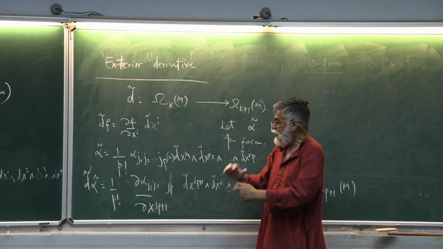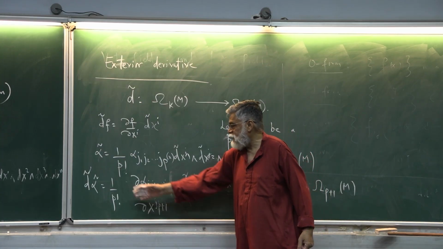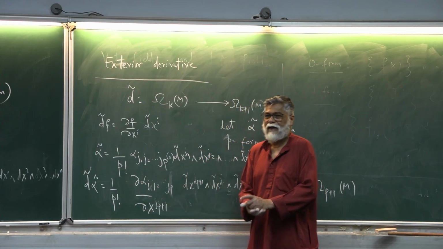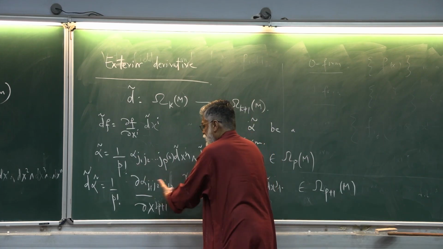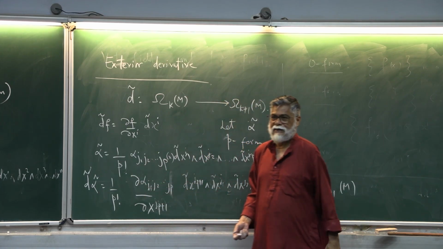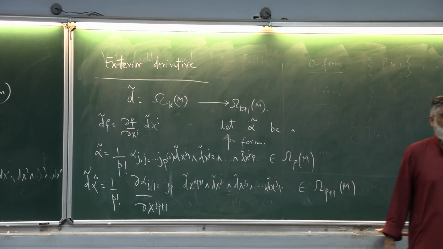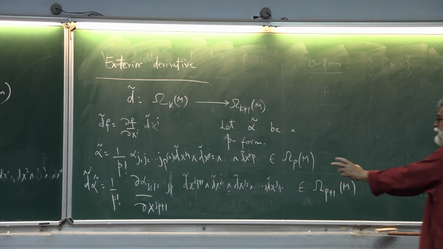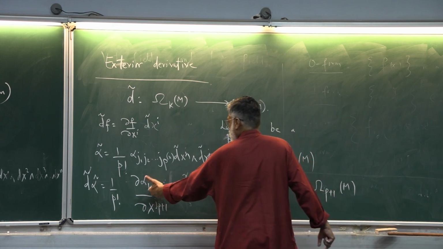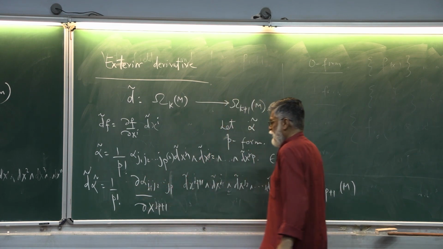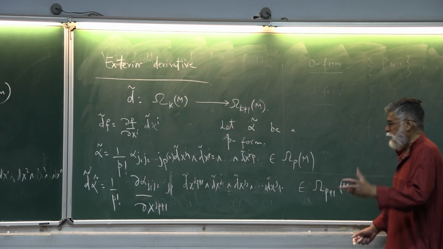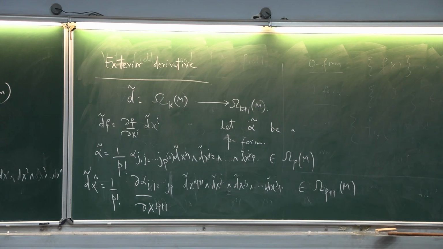When you antisymmetrize it, you will get 1 over p plus 1 factorial and an antisymmetrized derivative tensor of this. I am not going to spend time on how to write this as an antisymmetrized p plus 1 tensor, but it can be done. A little bit of algebra is required.